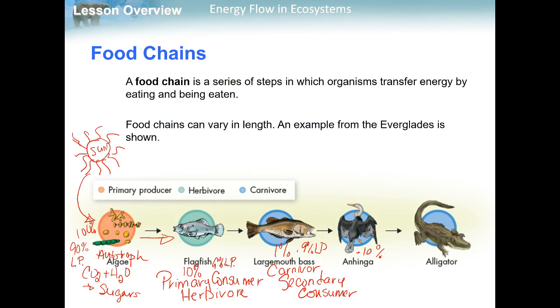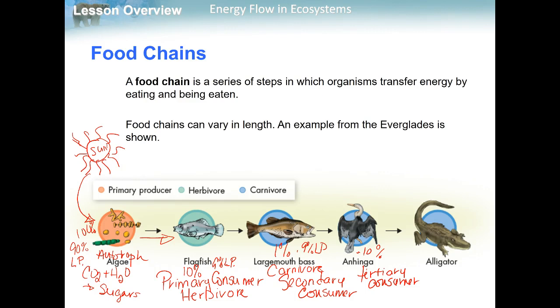Since this bird is feeding on the largemouth bass, this is known as a tertiary consumer, or a third level consumer. It too is a carnivore because it only eats the largemouth bass or fish meat.